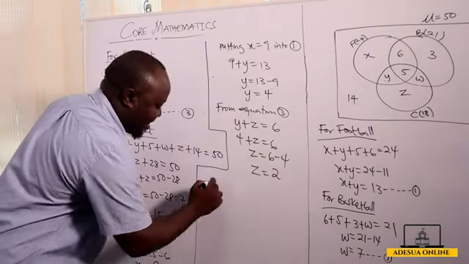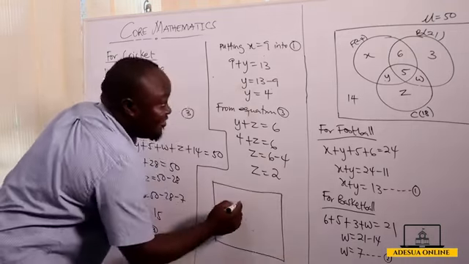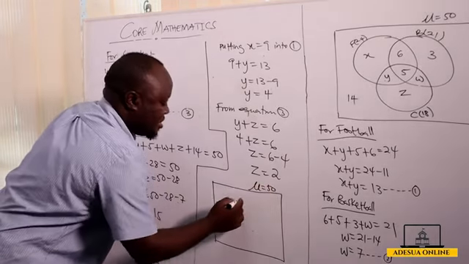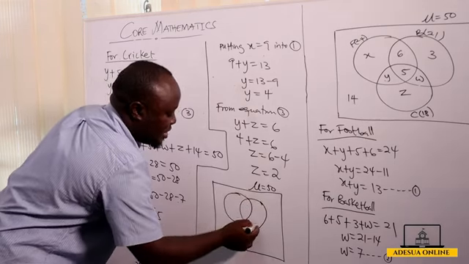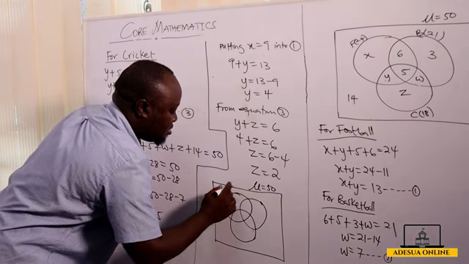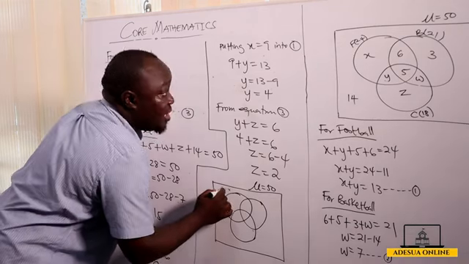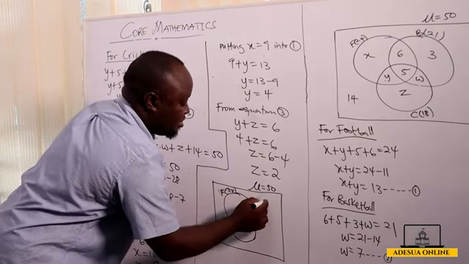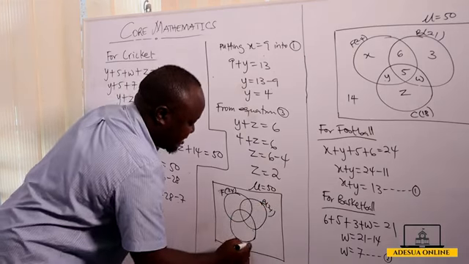So when we draw a new Venn diagram, very simple, just like what we did, we have that of the universal set to be equal to 50. We have football, basketball, and then cricket. Football is 24, basketball 21, cricket 18.